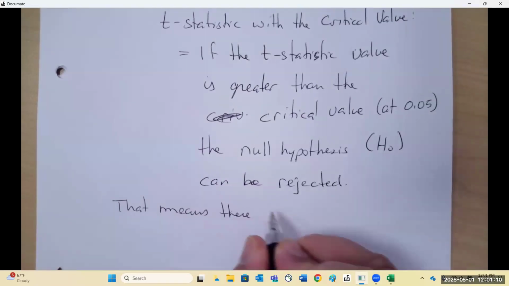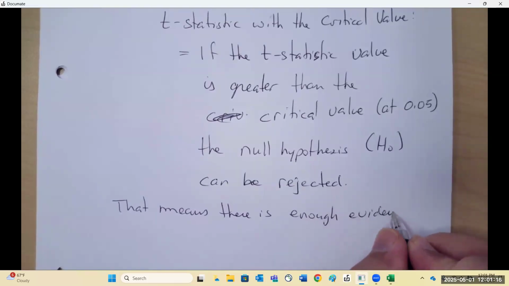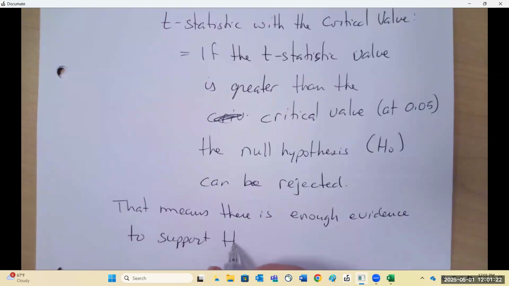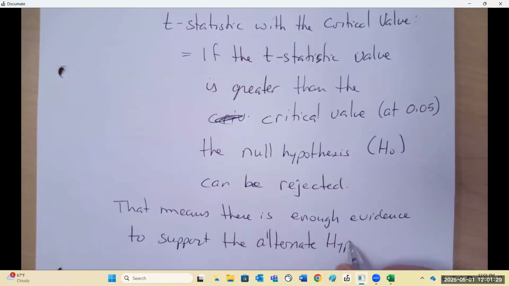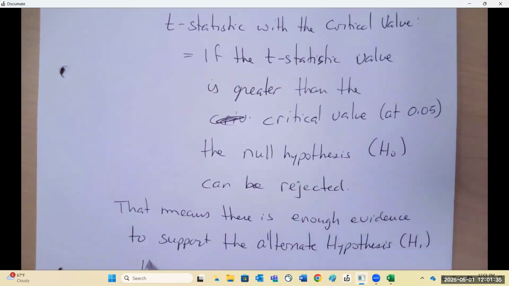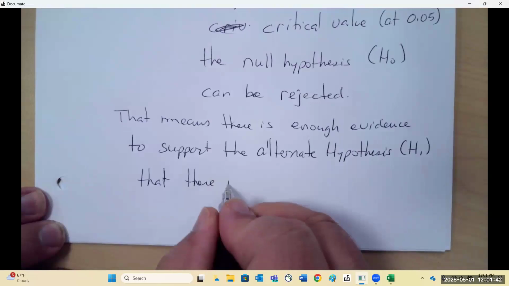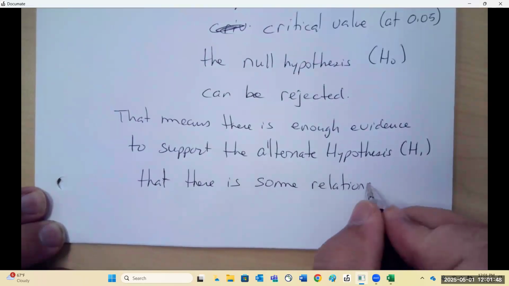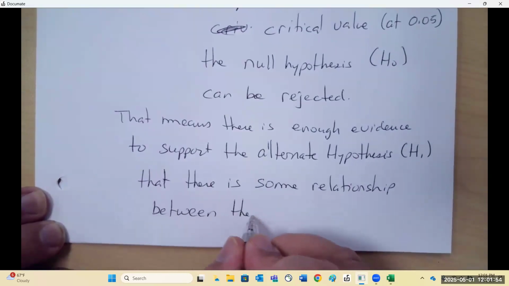That means there is enough evidence to support the alternate hypothesis, the H1, that there is some relationship between the two variables.